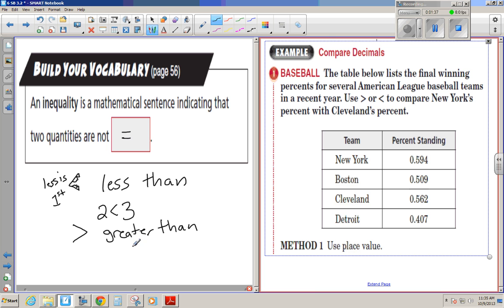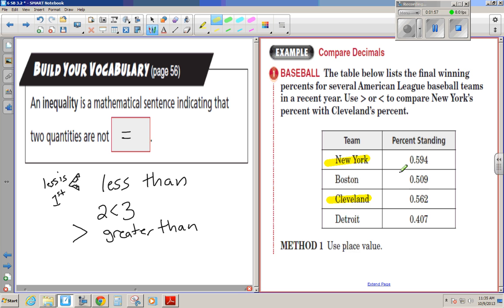So taking a look at this, the table below lists the final winning percents for several American League baseball teams in a recent year. Use greater than or less than to compare New York's percent with Cleveland's percent. So you first have to know what we're looking at. We are looking at New York and Cleveland. So this percentage compared to this percentage. You have to determine if one is less than or greater than the other.